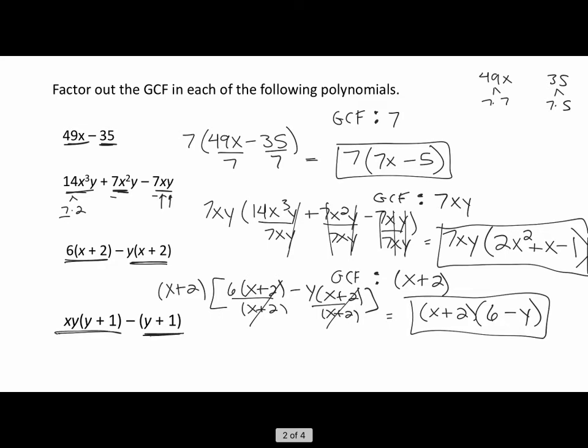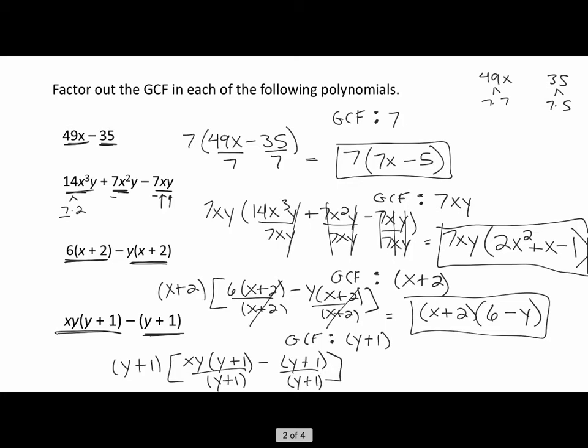Same thing with this other example. There's 2 terms, and the greatest common factor, they have a (y plus 1) in common. So I want to factor out that (y plus 1) from these 2 terms. That means I have to divide by that (y plus 1) to see what remains of those 2 terms.